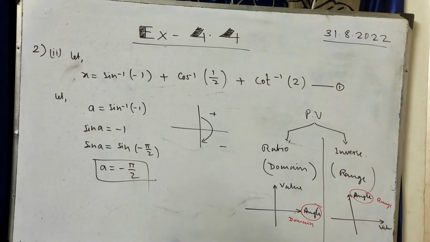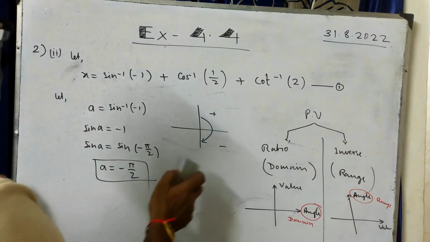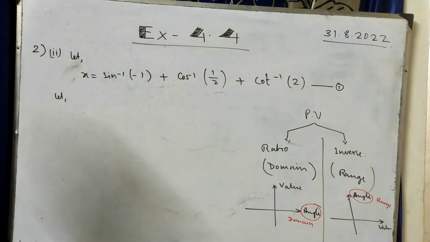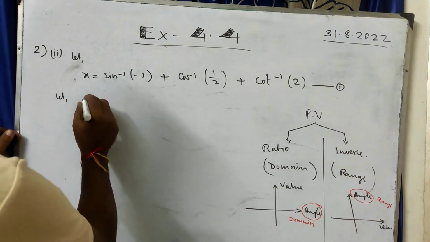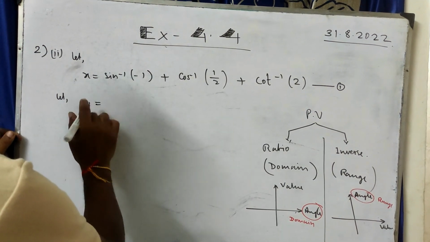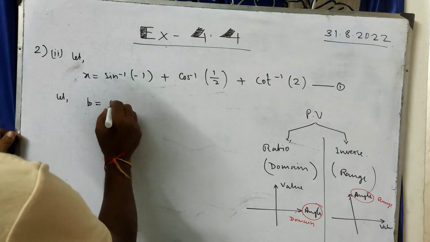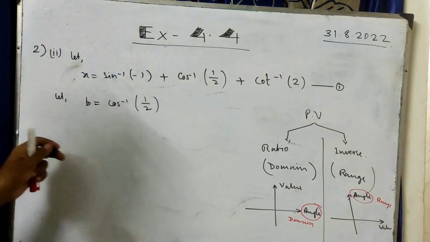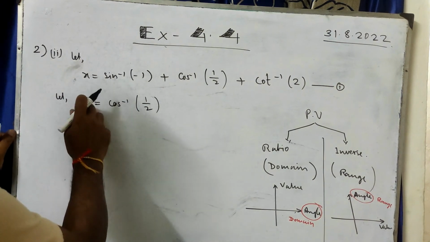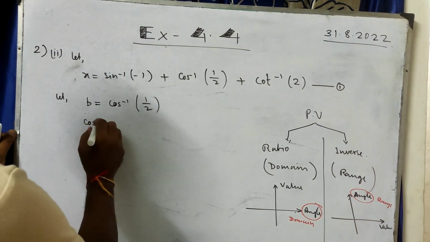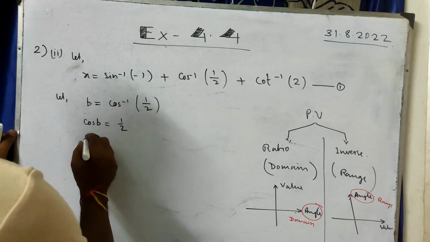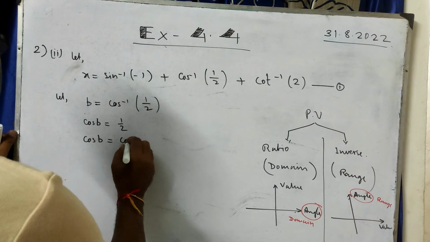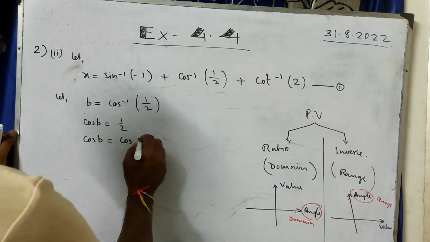So next we will take this as b. Let b is equal to cos inverse of half, right? Cos inverse of half is positive, which means first quadrant only. So cos b is equal to half. For what angle is cos b half? Cos 60 degrees, so pi by 3.